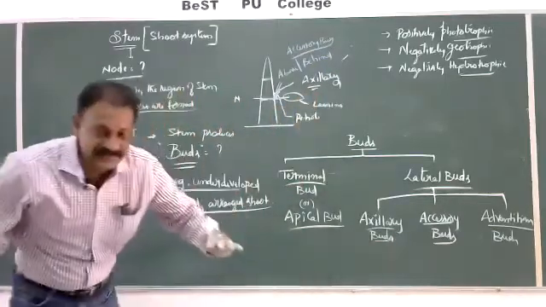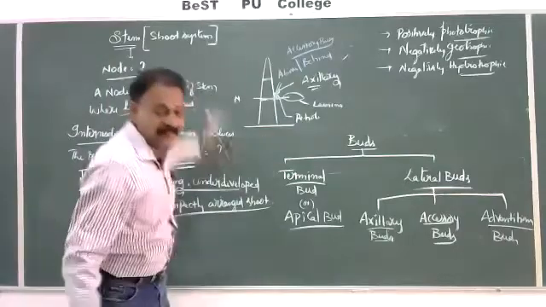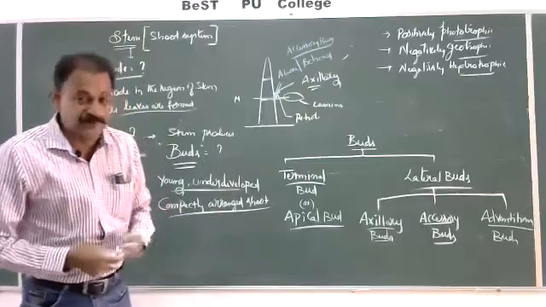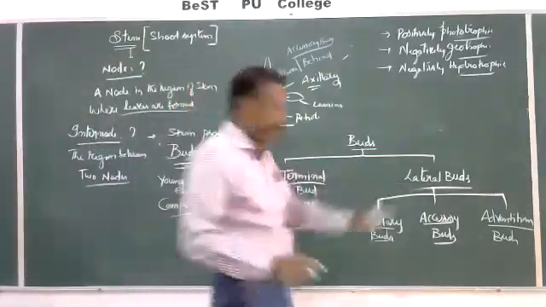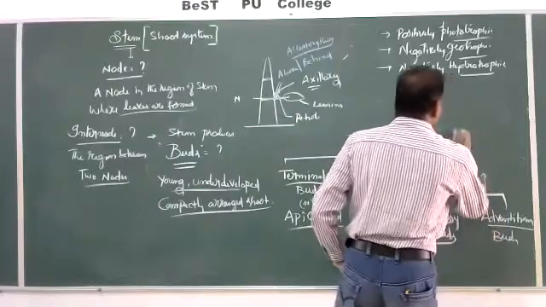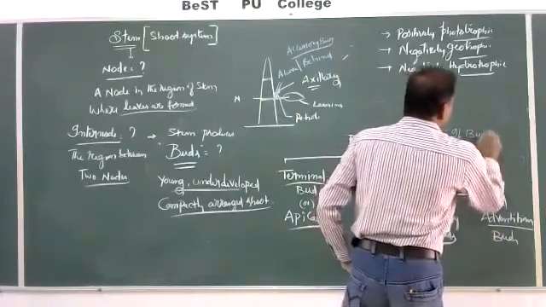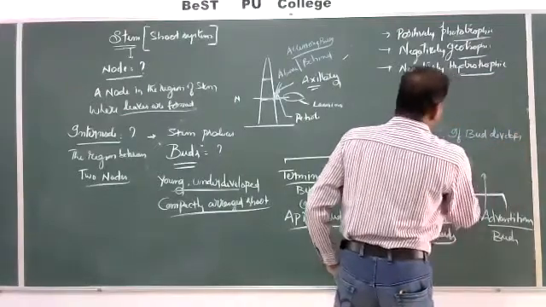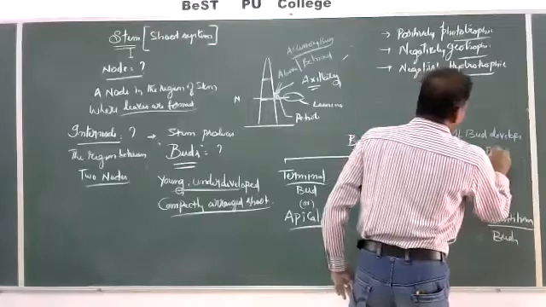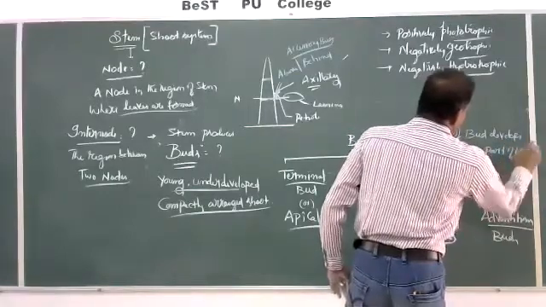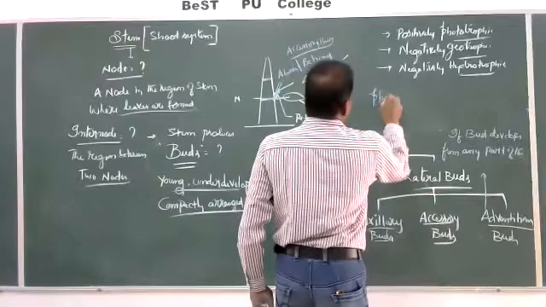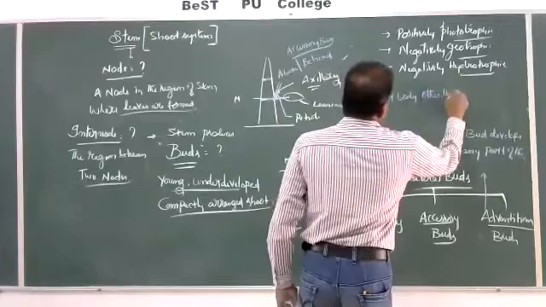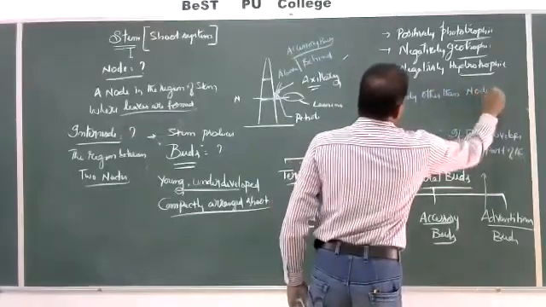If buds develop from any part of the plant body other than node, except node, they are adventitious buds, like adventitious roots, what we have studied earlier.